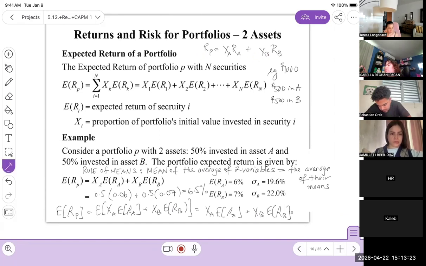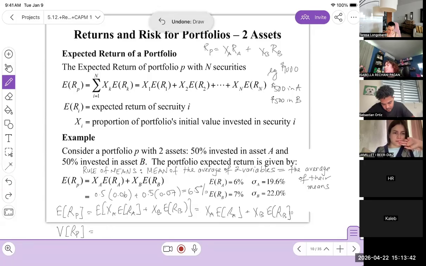But now the question becomes, what is the variance? Would the variance have the same property? This is my question for you. Would the variance also be the same? Remember, I have to work with variance and then take the square root, right?